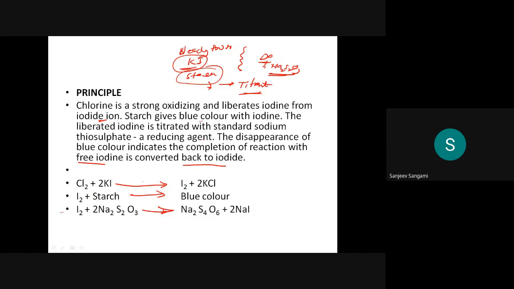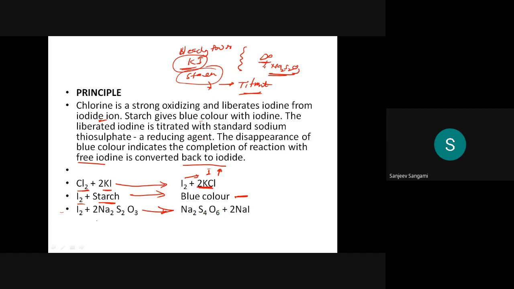Remember three reactions. When chlorine gas combines with KI, it forms KCl and releases iodine. Then this iodine combines with starch and gives the blue color.